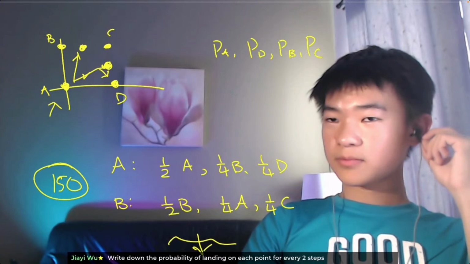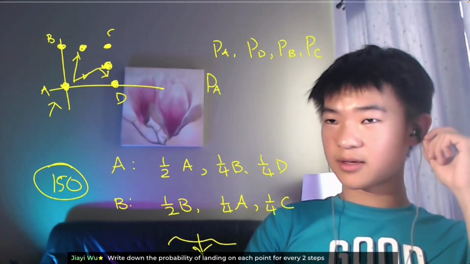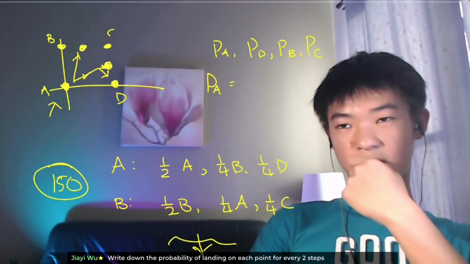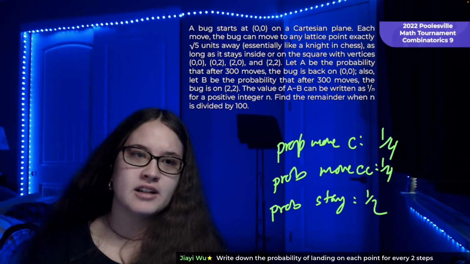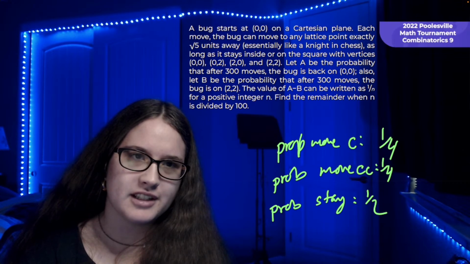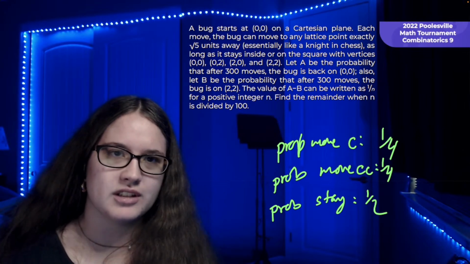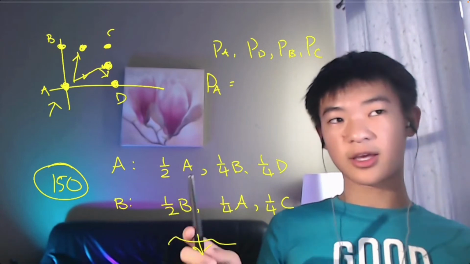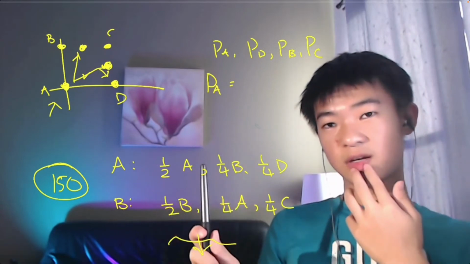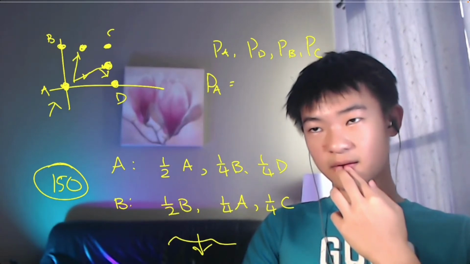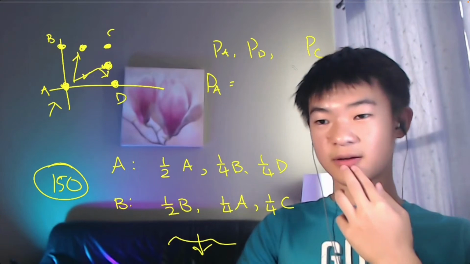Then P of A is equal to, well, if you're at B or D, P of A is P of C. The probability that you end up at either of those is equal. Yes, I think we'll need that in the future. Just like if you start at A, P of B and P of D are the same. So why don't we just call both of them P of D?